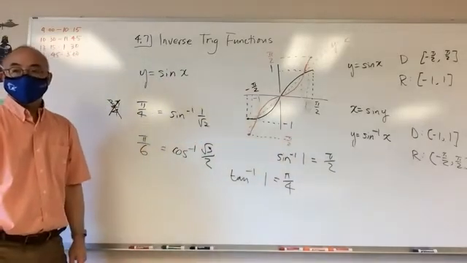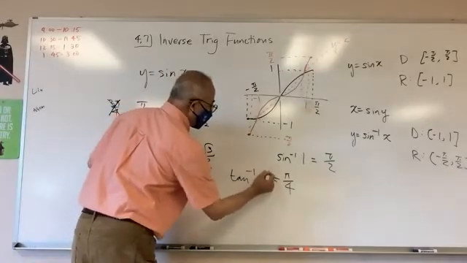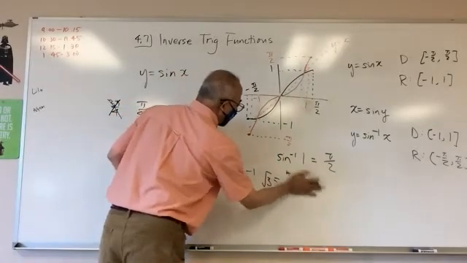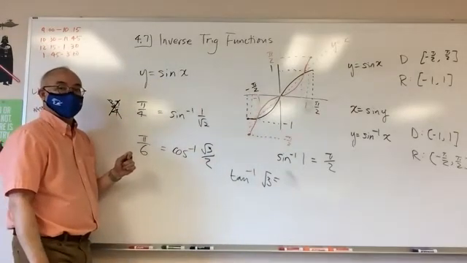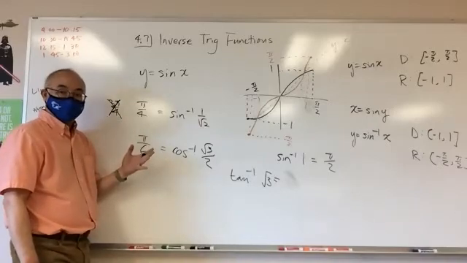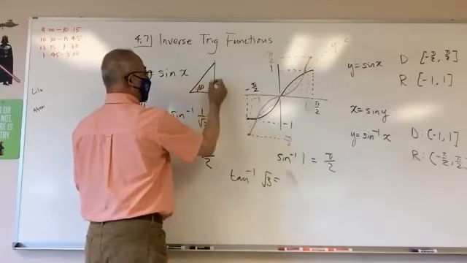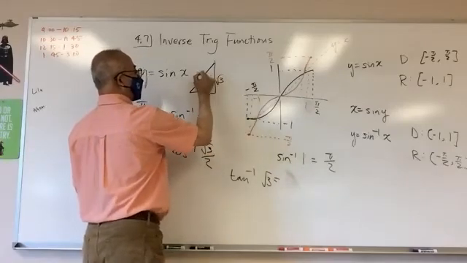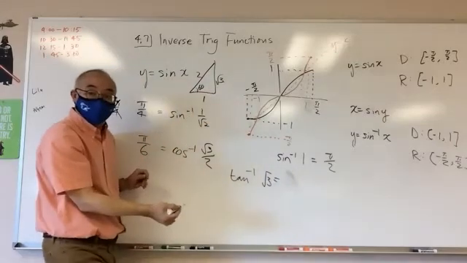What about this one? 60. Everybody get that? Pi over 3, right? Because tangent of 60 is root 3 over 1.